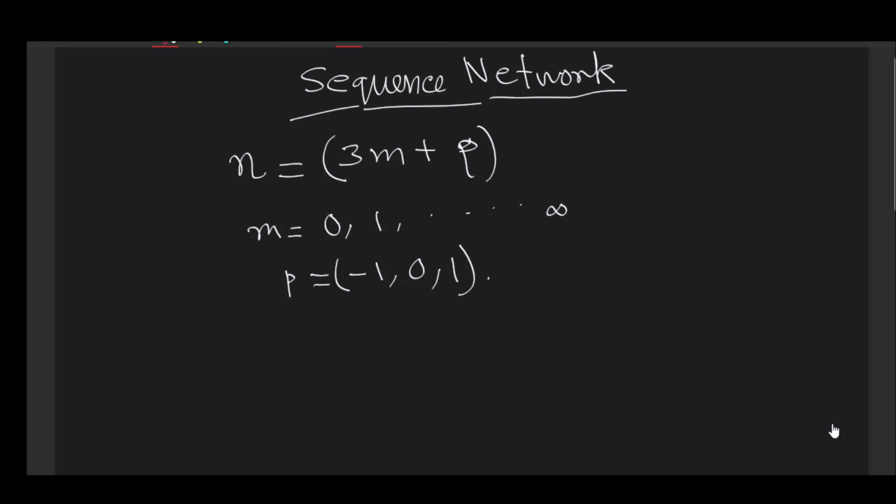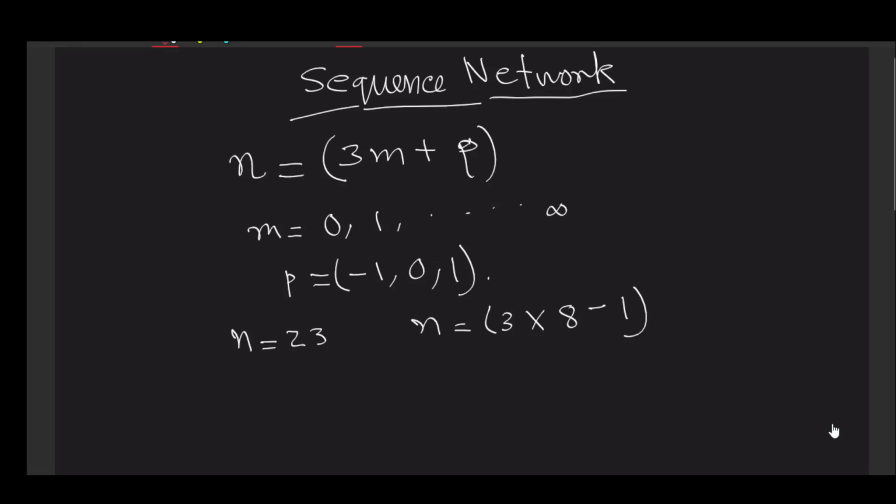So in that way, we should take p in such a way that, if we have, say, n equal to 23, then we can express it as n equal to 3 into 8 minus 1.